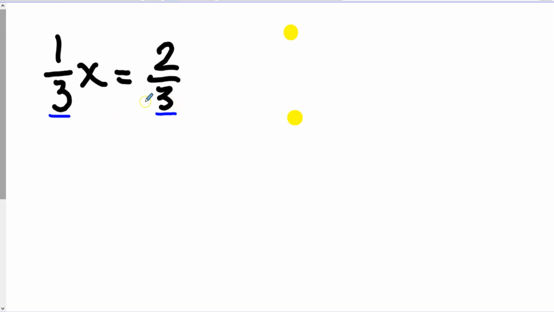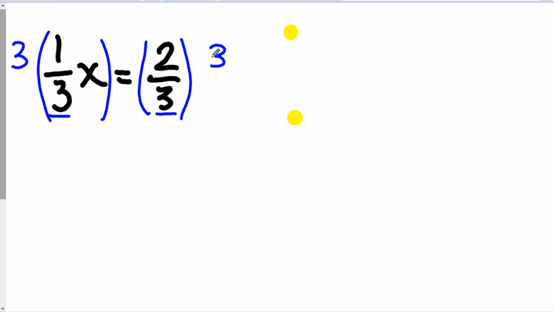Now I'm going to take that common denominator and multiply the whole thing, both sides, by 3. This side by 3, and this side by 3. And when you do that, on the left-hand side, write that as a fraction over 1, and you notice the top 3 is the same as the bottom 3, so they cancel each other.